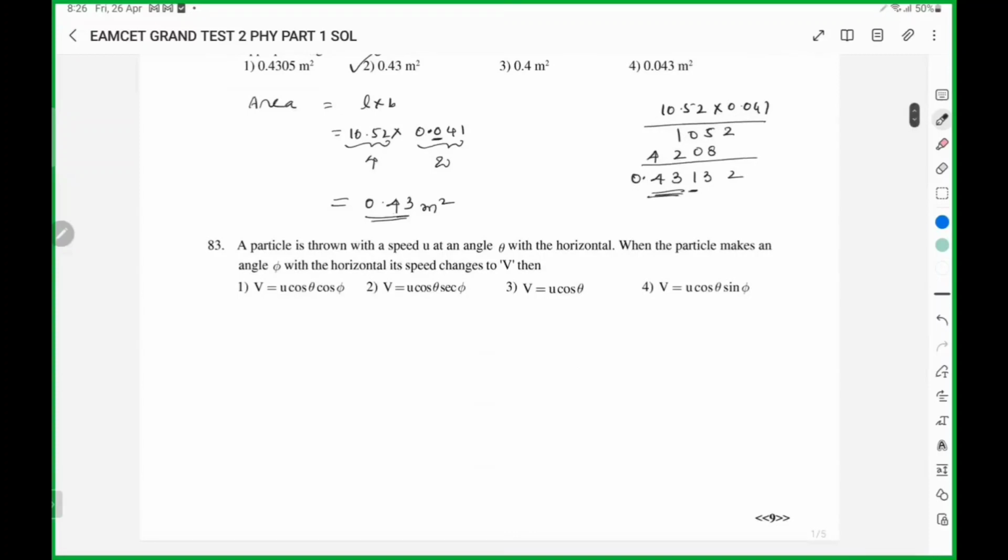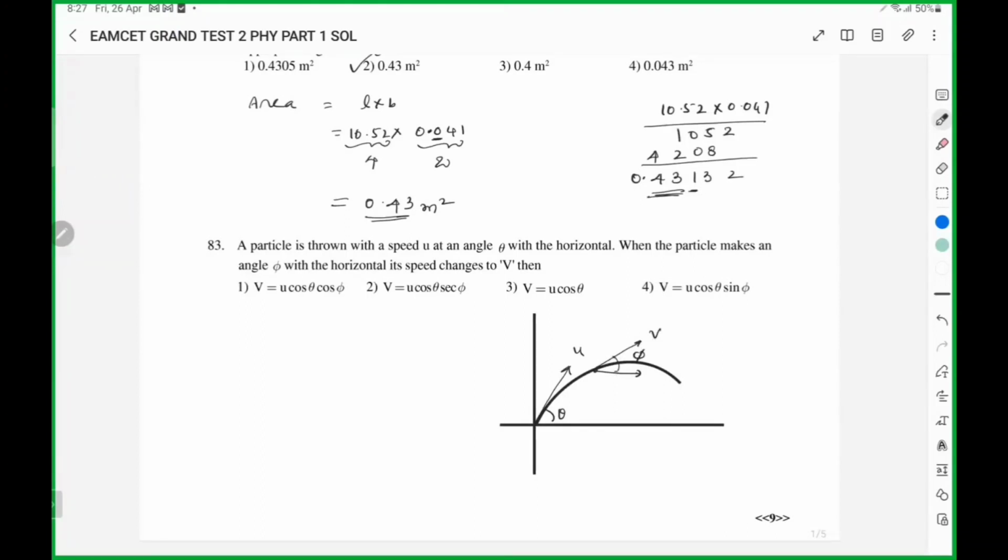Here a particle is thrown with a speed u at an angle theta with the horizontal. When the particle makes an angle phi, its speed changes to v.